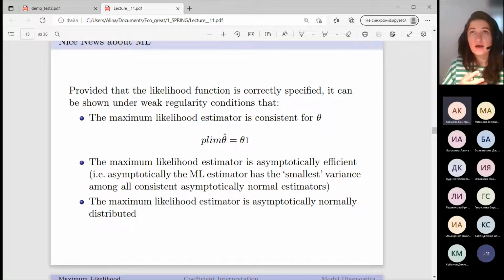Because of this, in the tables with the outcomes after the probit or logit models, you will see very similar test statistics that tell you about the significance of each coefficient. And also you can construct the confidence intervals using this normal distribution assumption and check the significance.